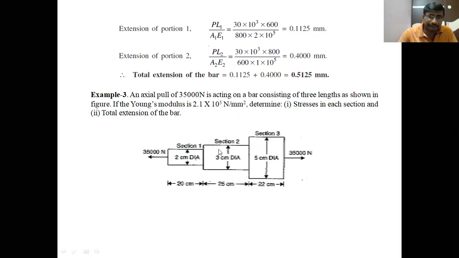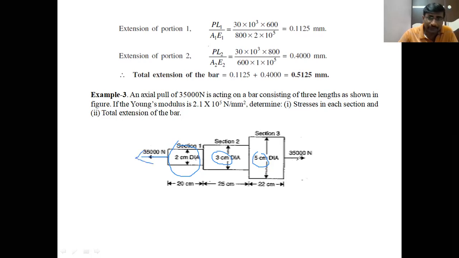This is the diagram which is given. Section 1 has a diameter of 2 centimeters, section 2 is 3 centimeters in diameter, and section 3 is 5 centimeters in diameter. Diameter means the given members are circular in section. So it is made up of a circular rod with different cross sections, different diameters. So 2, 3, 5 centimeters are the diameters.